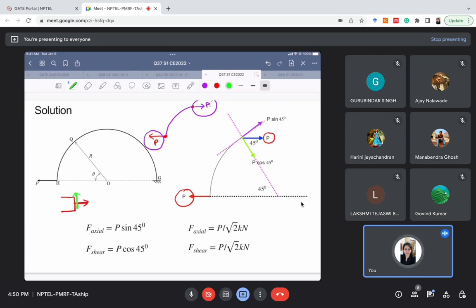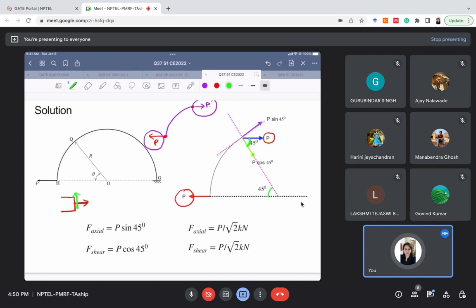So we will take the component of P in horizontal and vertical direction, and that will be the value of shear force and axial force. That is a simple thing. This is P, right? So we can take a component. Since this is 45 degrees, this will also be 45 degree.